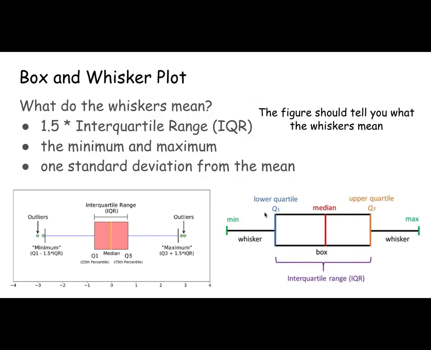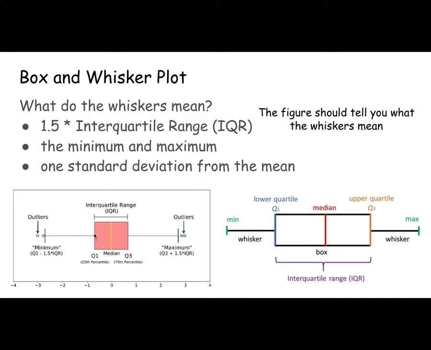A chart that you may see in the literature that can be a little difficult to interpret is the box and whiskers plot. And it's not always clear what the box and whiskers mean because the whiskers don't always mean the same thing. So the whiskers can be 1.5 times the interquartile range.